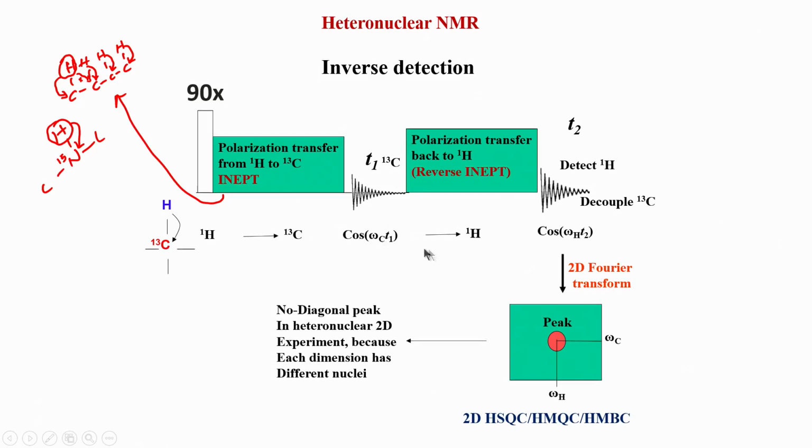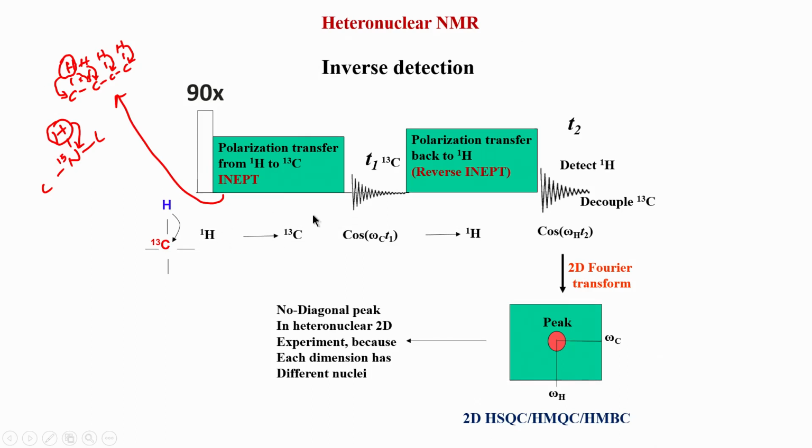We got a diagonal peak in the 2D homonuclear experiments because we had proton and proton. The proton did not transfer completely to another proton, and what remained on the same proton was again frequency labeled. So the same proton gets frequency labeled twice in a homonuclear NMR experiment, and that results in a diagonal peak. That possibility does not arise here because we are transferring completely to carbon. There is no proton left.